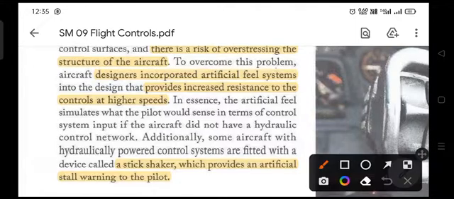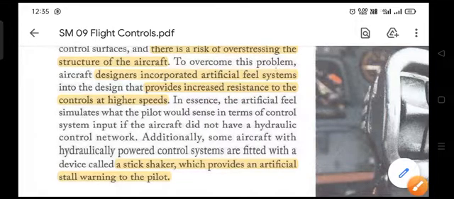So what we do is we use an artificial feel system. What is this artificial feel system? By the name we can understand, it is a sort of a feeling. It gives you a feeling of to what extent you have moved the control. It provides increased resistance to the controls at high speed.